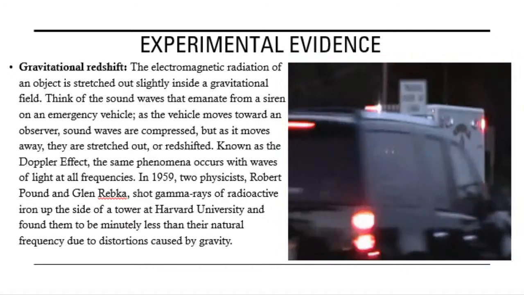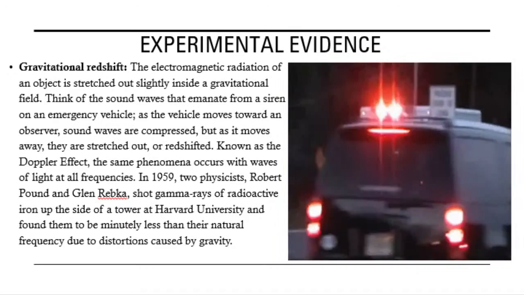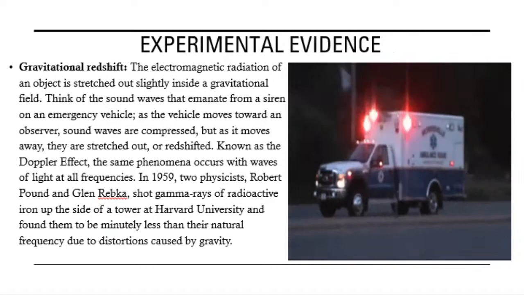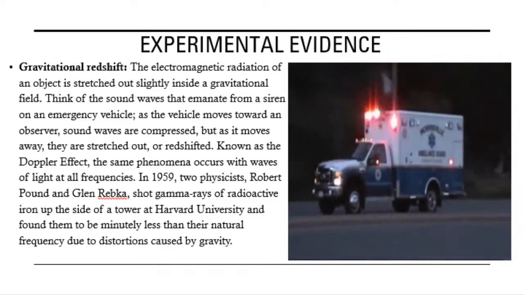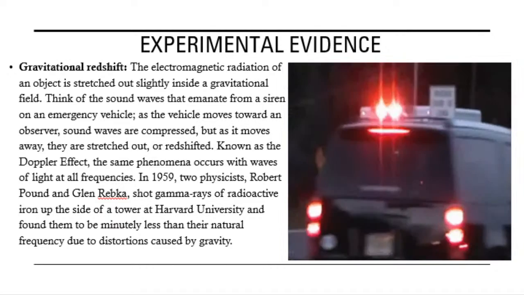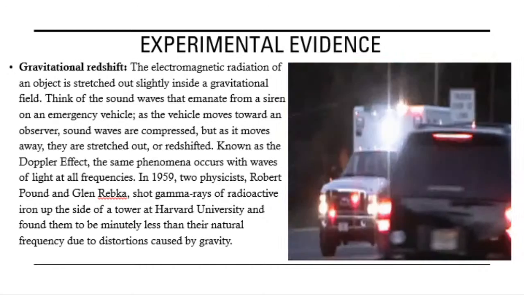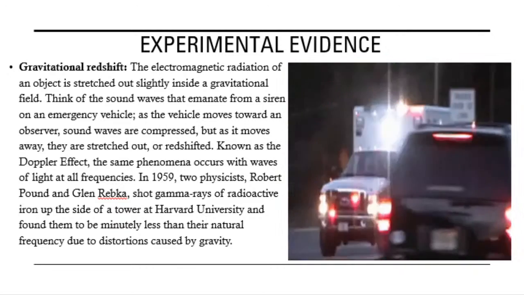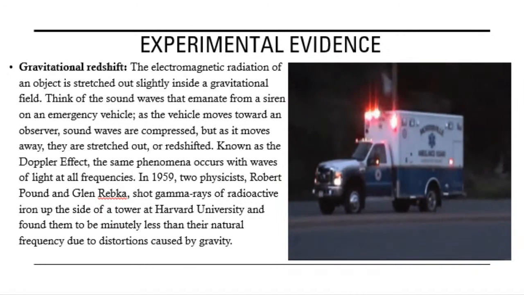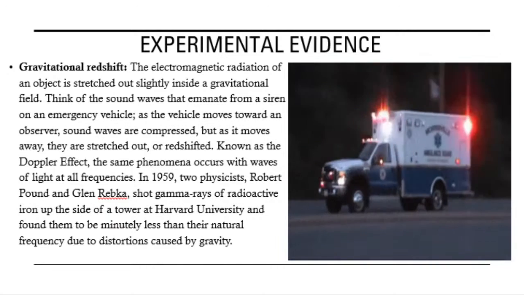In 1959, two physicists, Robert Pound and Glenn Rebka, shot gamma rays of radioactive iron at the side of a tower at Harvard University. Yes, the famous Harvard University. And found them to be minutely less than their natural frequency due to distortions caused by gravity.